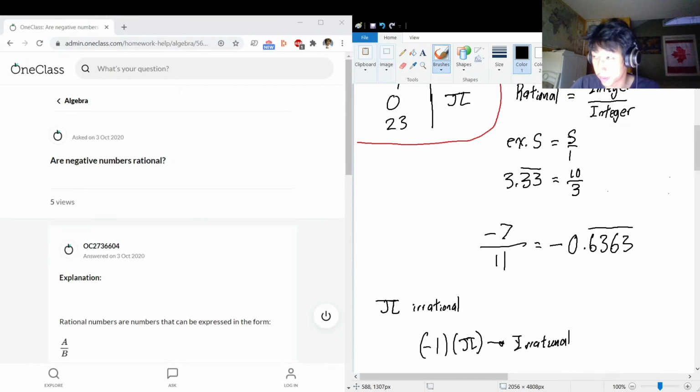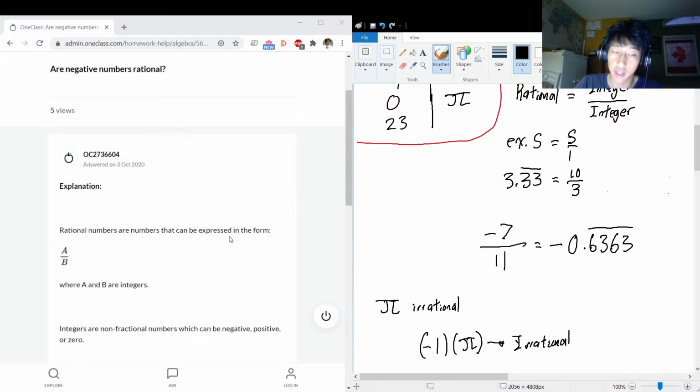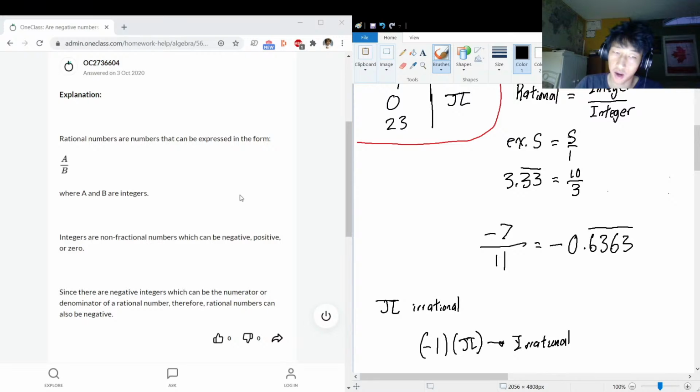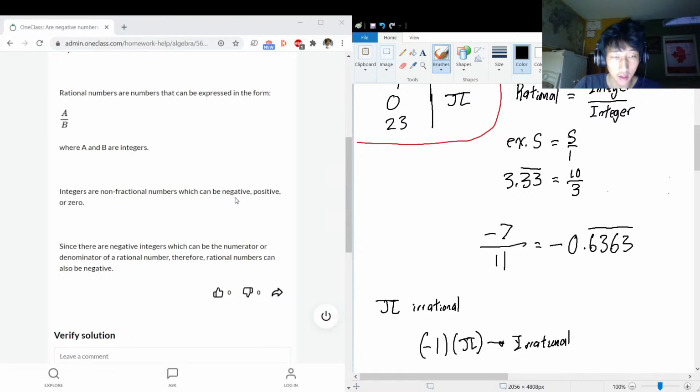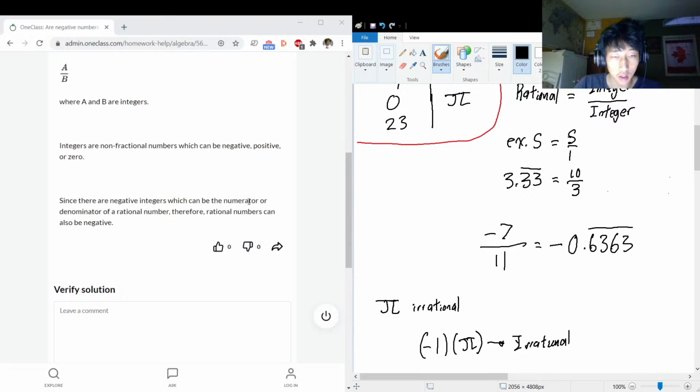That's a negative number, but it's not rational. Being negative alone doesn't make you rational. Being an integer divided by another integer is what makes you rational. So negative numbers can be rational, but there are negative numbers that are non-rational, or irrational. So, yeah.